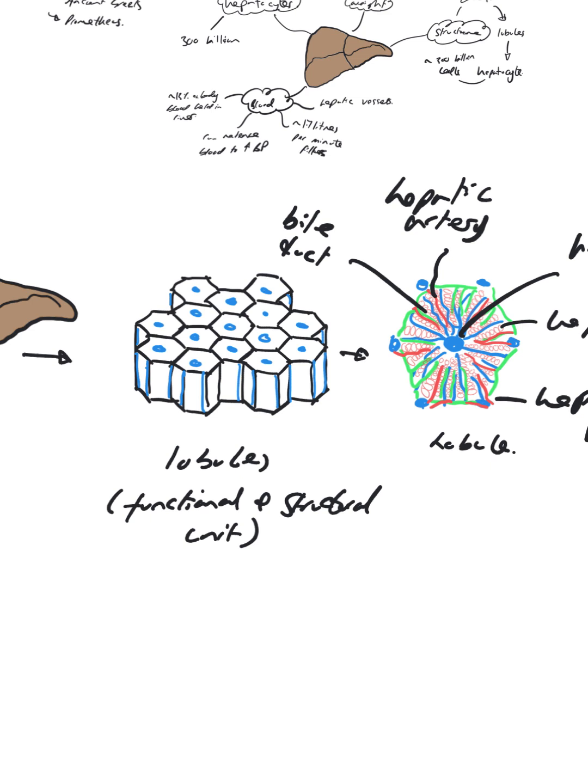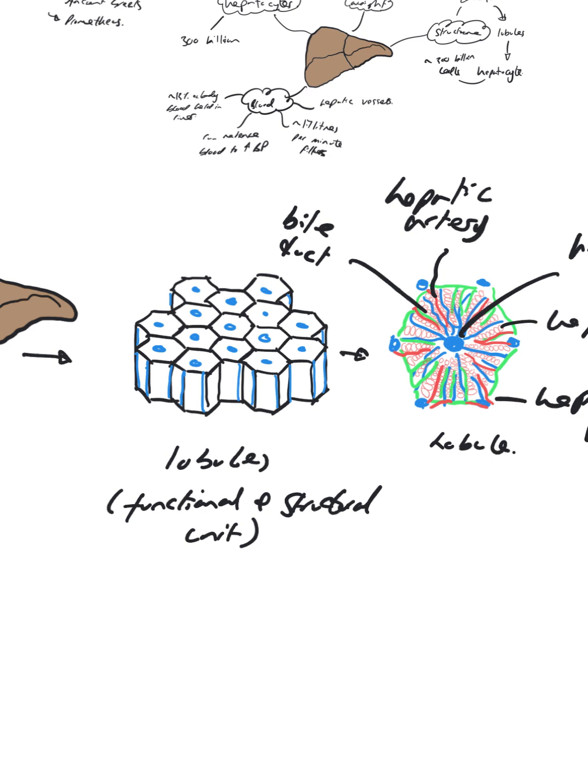If we look at your hepatic venule, this is acting almost like a drain, and this will drain all of the blood inside of the lobule. The hepatic artery branches are organised around the outside, and they're bringing oxygenated blood into the lobule and into the liver.